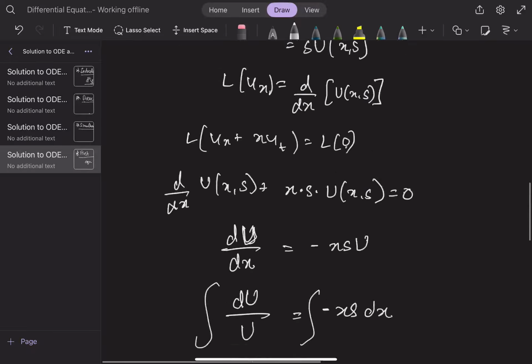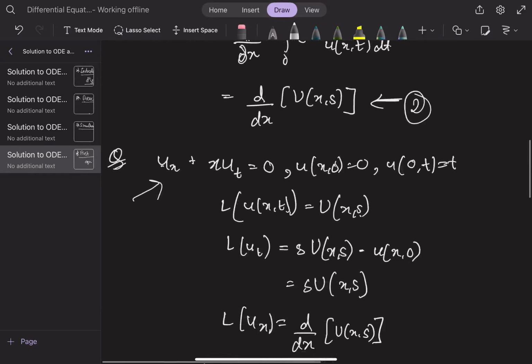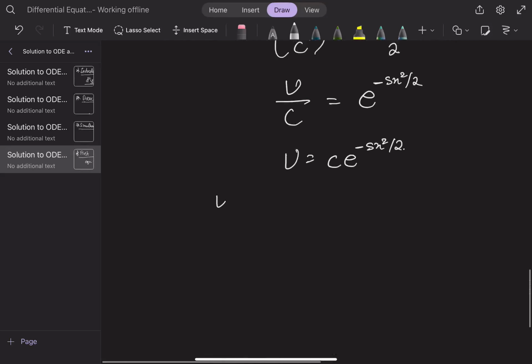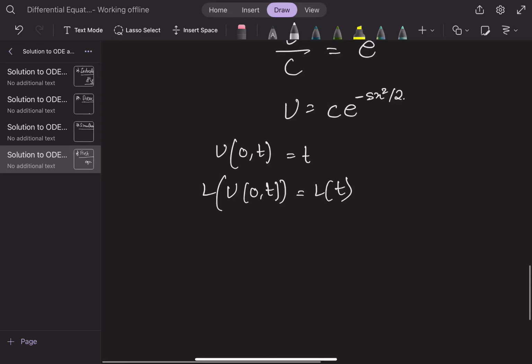Now you are given an initial condition in the question. u of 0 comma t is t. So let's use that. Laplace of u of 0 comma t is Laplace of t. So U of 0 comma s is equal to 1 upon s square, that is Laplace of t.